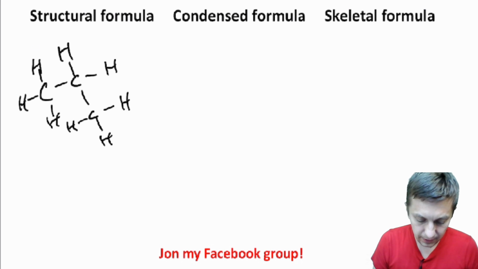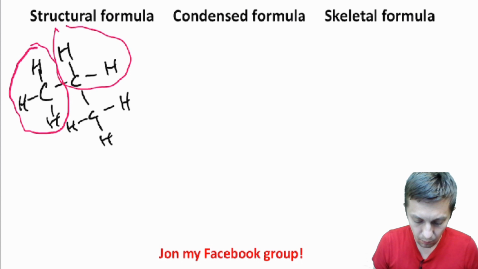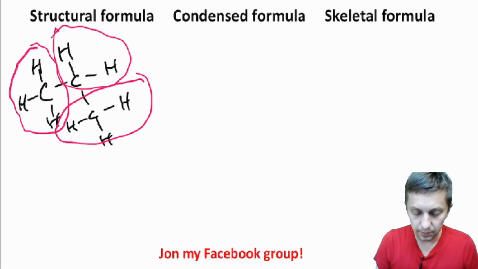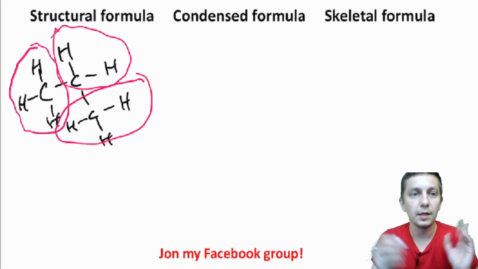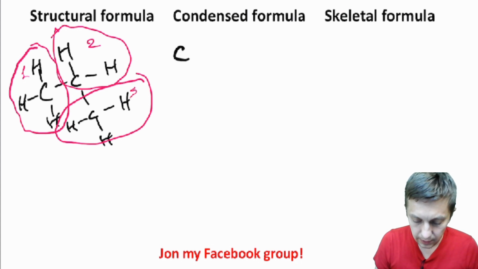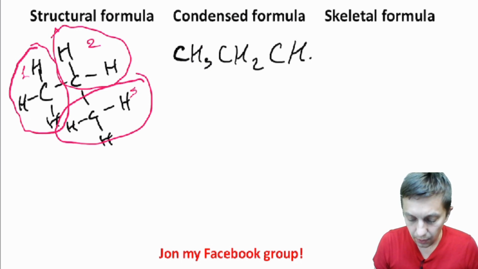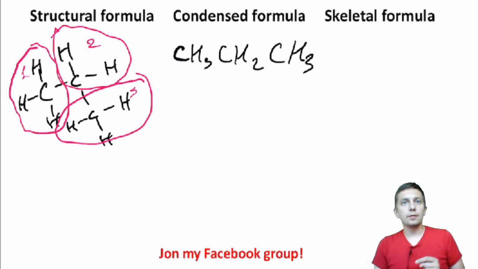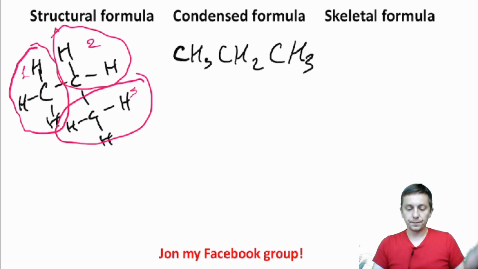If we split these molecules into 3 fragments, we can create a condensed formula. If we number these fragments 1, 2, and 3, we get CH3, CH2, CH3.